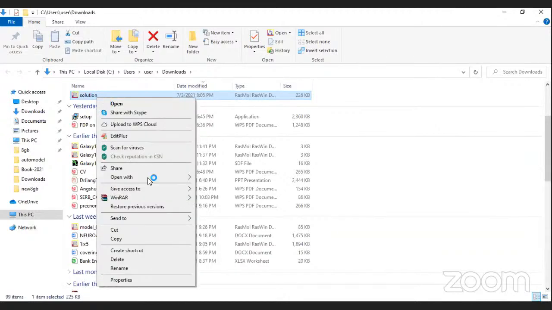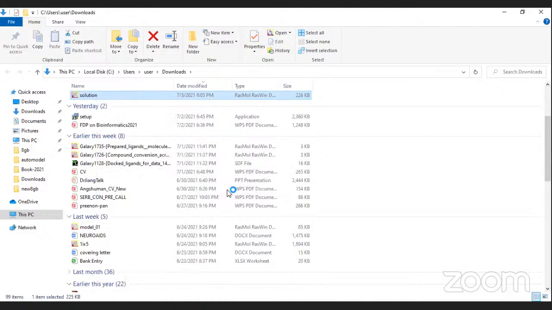For this particular visualization, I am using a software called PyMOL.